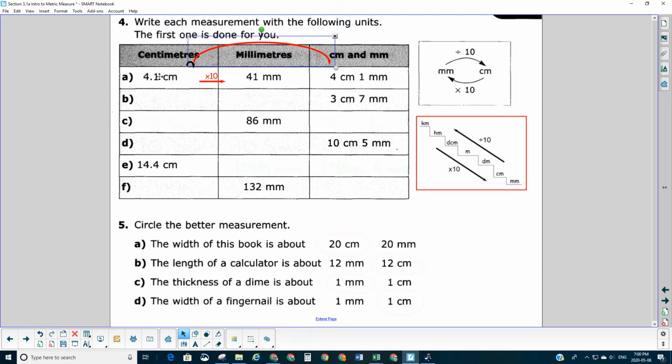Because the 4 in 4.1 represents the 4 centimeters and the 0.1 represents the millimeters. So this little part right here is the millimeters. And so you can read the 4 centimeters and then the 1 millimeter. Okay? So I would say let's do that part first and then convert from millimeters to centimeters or vice versa.